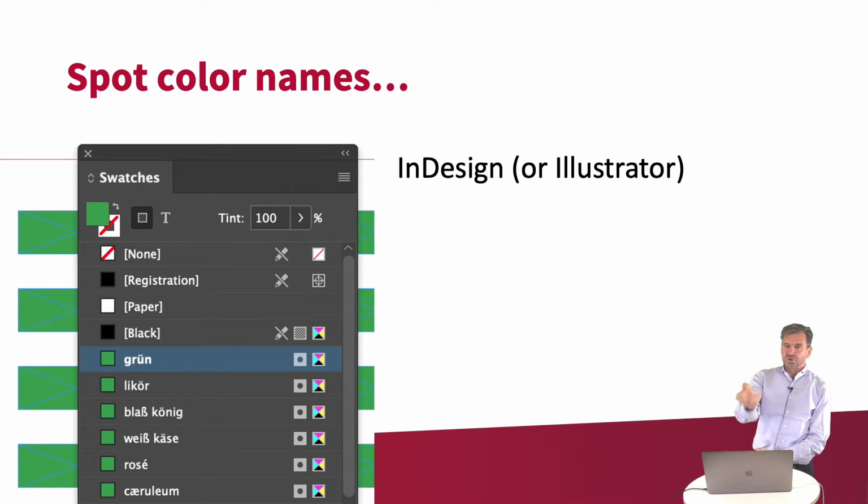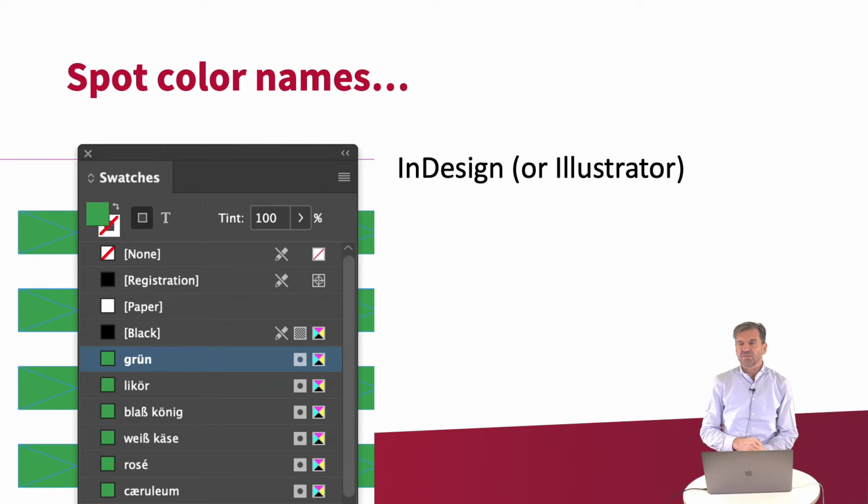You create a spot color, let's say in InDesign or in Illustrator. You give it the name grün, which is the German word for green. And then you see a few other instances of spot color names that are using umlauts, like Likör or Blasskönig, all German words.